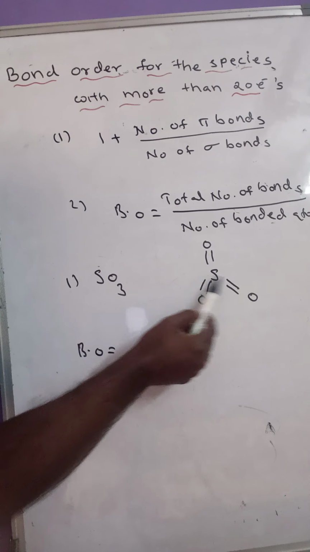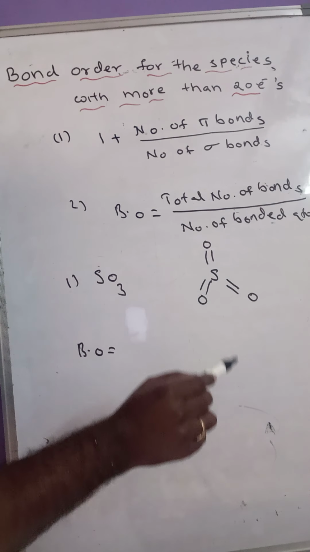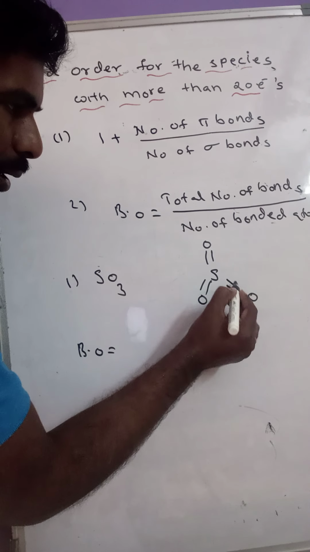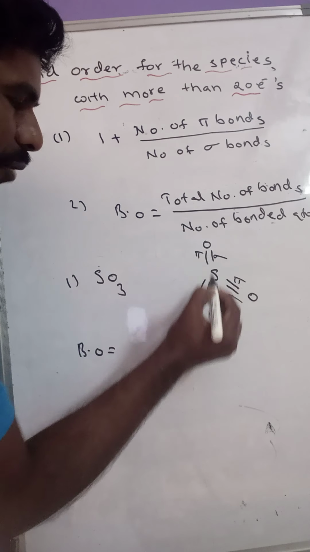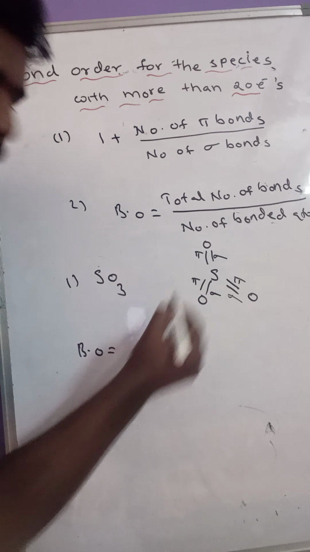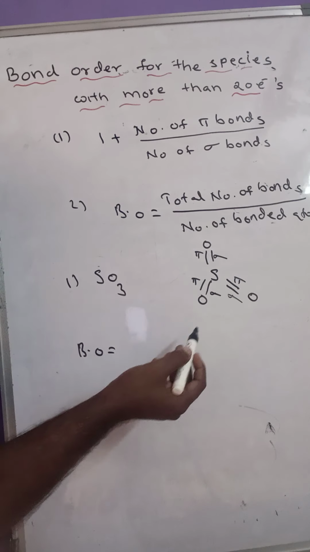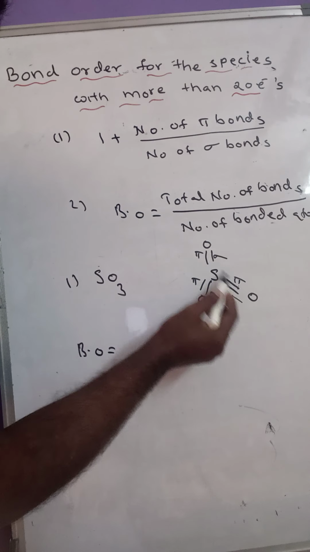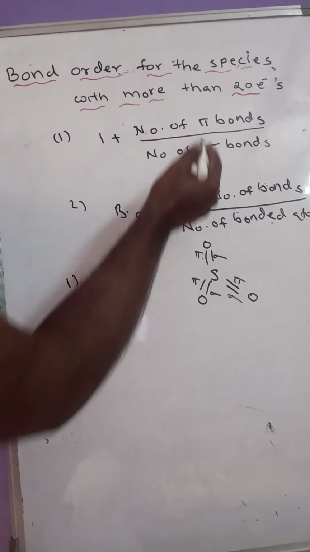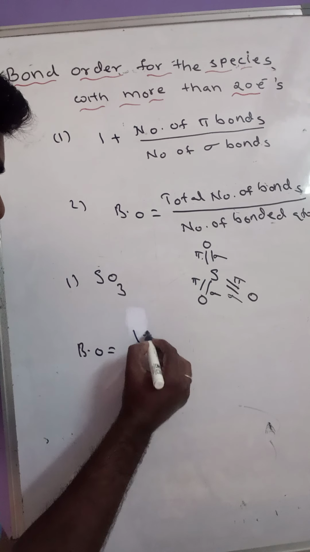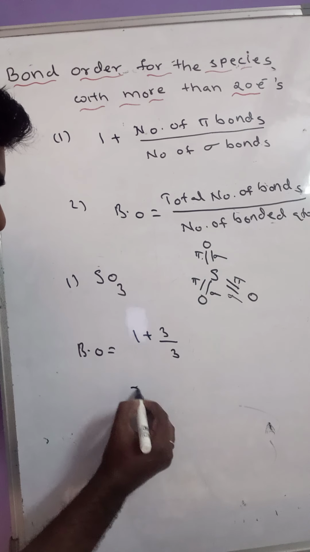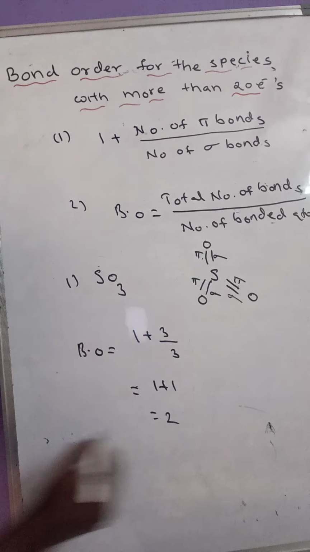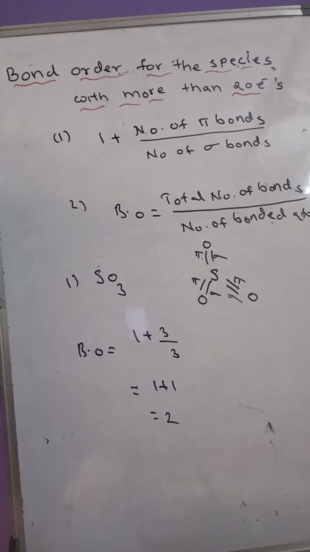But where a double bond is there, one is sigma and the other is pi. Count the total pi bonds: 1, 2, 3. So by the first formula, 1 plus 3 pi bonds divided by 3 sigma bonds, 1 plus 1, the bond order is 2. Otherwise, use the other formula also.